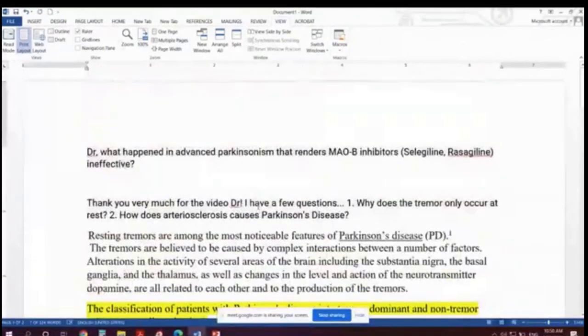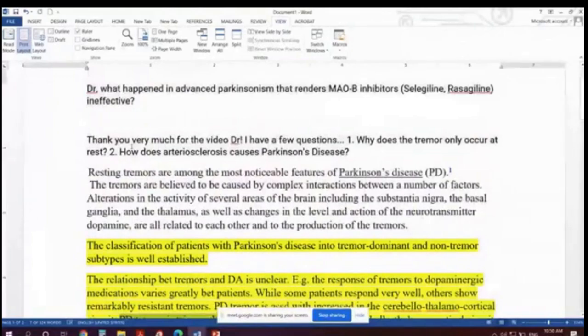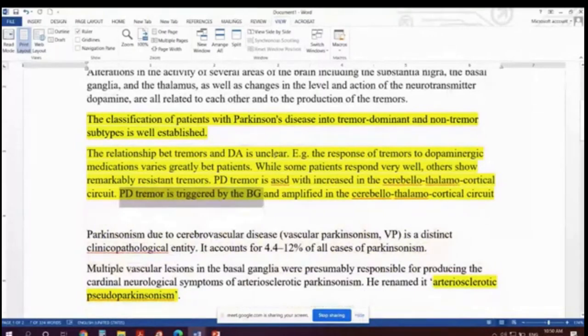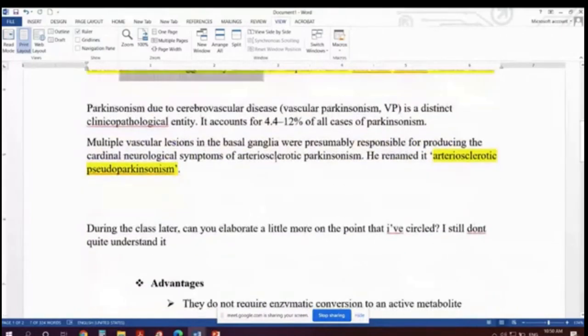The second question was how does atherosclerosis cause Parkinson's disease? Actually, this is called vascular Parkinson, or atherosclerotic Parkinson. It accounts for about 4 to 12%, and there will be multiple lesions in the basal ganglia. So now there is atherosclerosis, the blood supply to the basal ganglia is reduced or not enough, and there will be some death of basal ganglia neurons. There will be less production of dopamine.